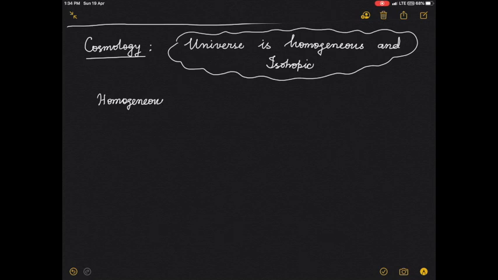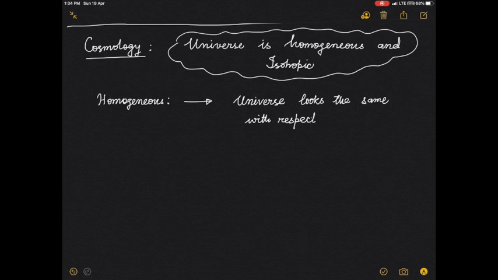What do I mean by the word homogeneous? It means that the universe looks the same with respect to any place. So wherever you are in the universe, if you look around, you will see the universe exactly the same.